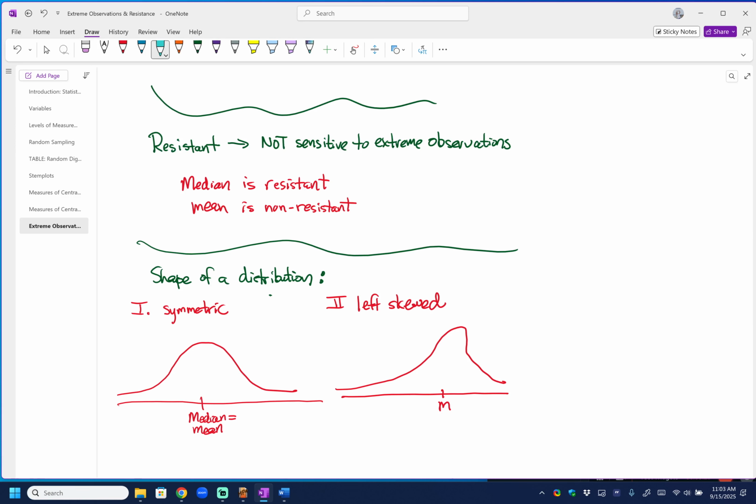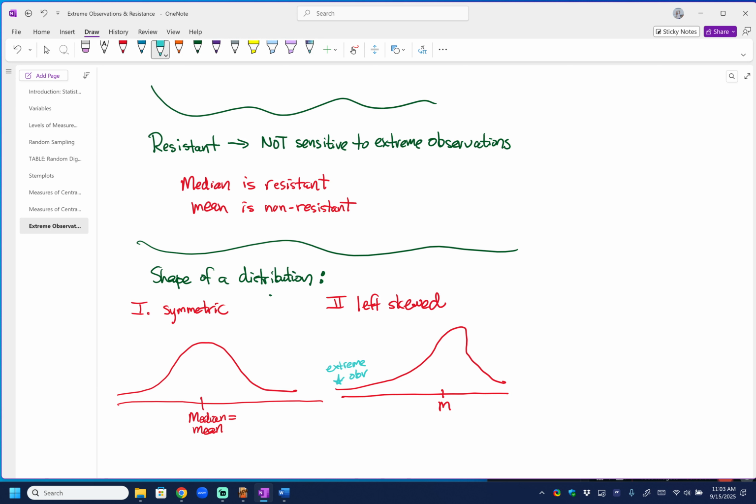As a matter of fact, they're almost certainly going to be in our left tail because they're far away from the actual main part of the data set. Which means, if you think about it, what is a really small extreme observation going to do to the mean? It's going to make the mean less in value.